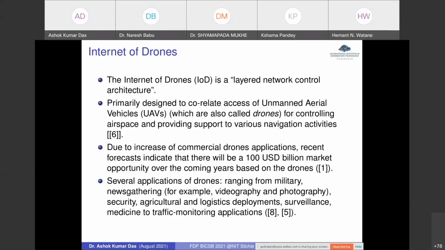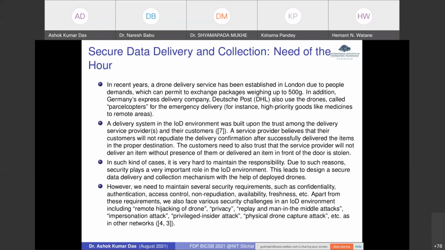Drones can be used to deliver medicines to hospitals or at home, door-to-door delivery, traffic monitoring applications, and so on. Therefore, drones have numerous applications, and they can be deployed and give their service efficiently. So the next question is: why do we need secure data delivery and collection mechanisms at all?